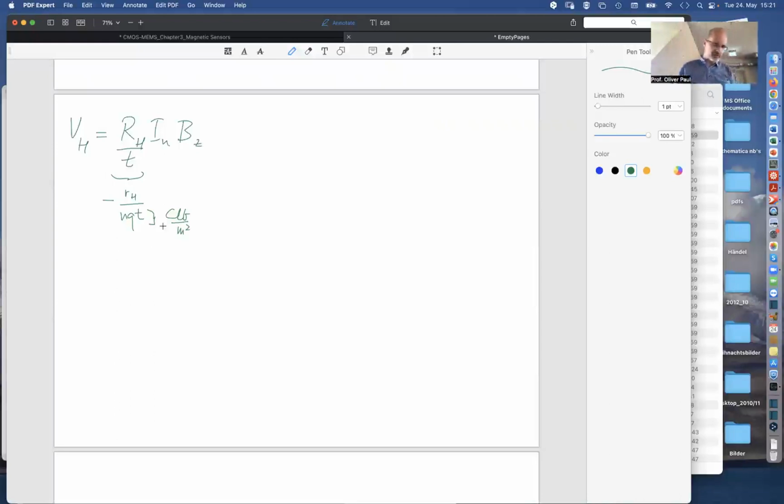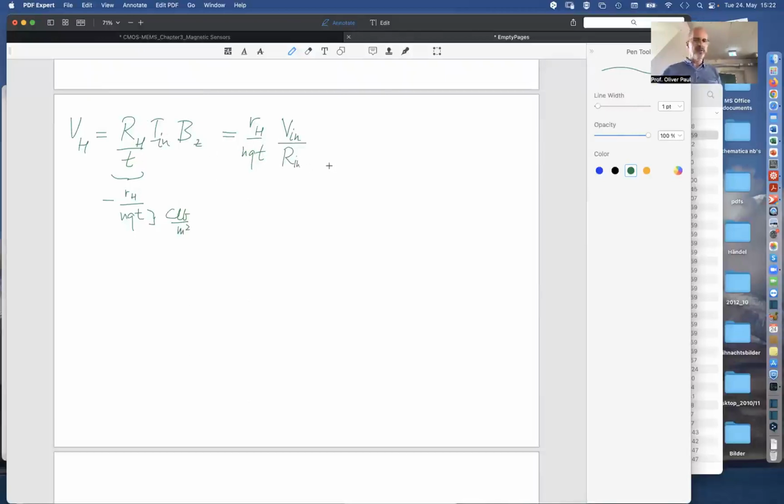Well, for those who can make use of that, you can also write it differently. I can write this as RH over NQT. And then instead of having IN, why don't I write VIN? What is that? IN, the input current, I could write that as the input voltage divided by the resistance of that thing.